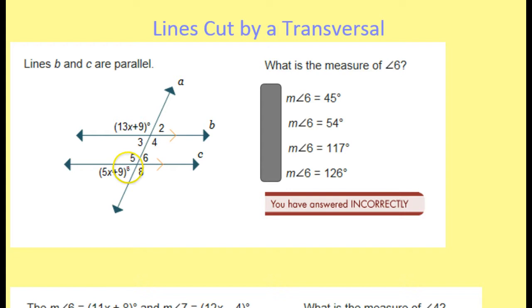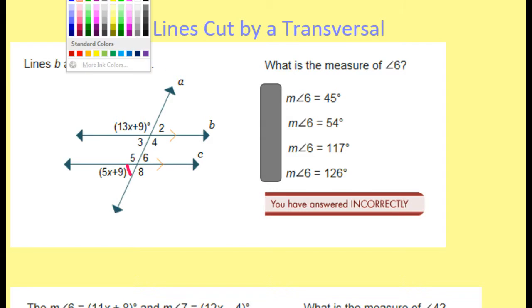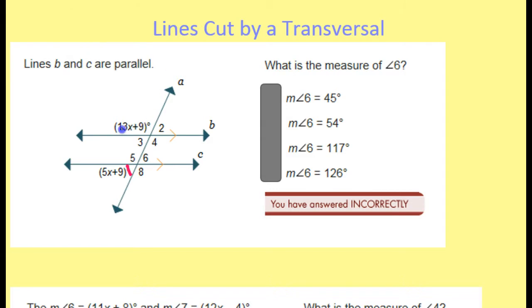So here's the thing. This angle where we have the 5x plus 9, is this acute or obtuse? Right? This is an acute angle. Now, what about this angle up here where the 13x plus 9 is? Is this acute or obtuse? This is obtuse. I'll put a double marking on it.